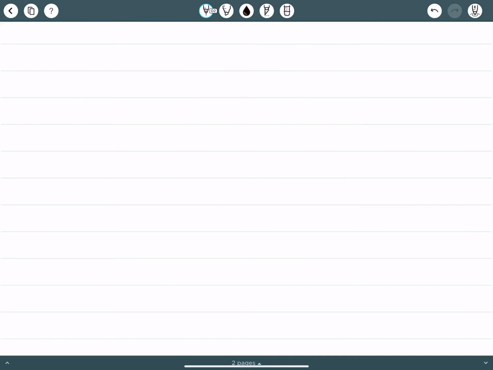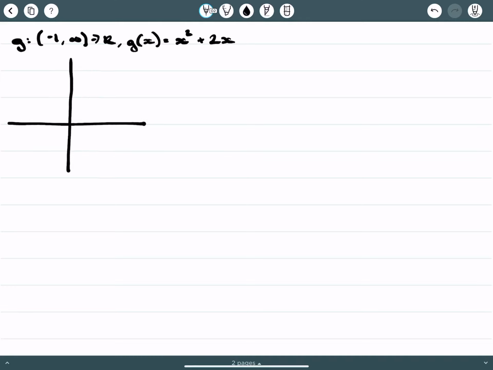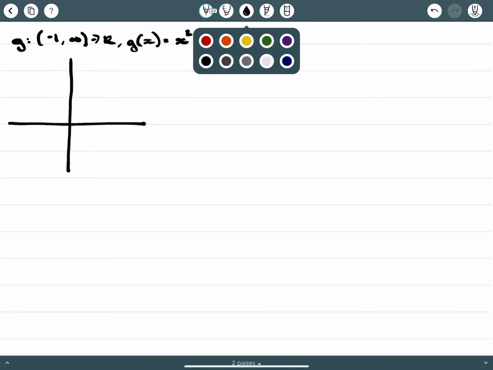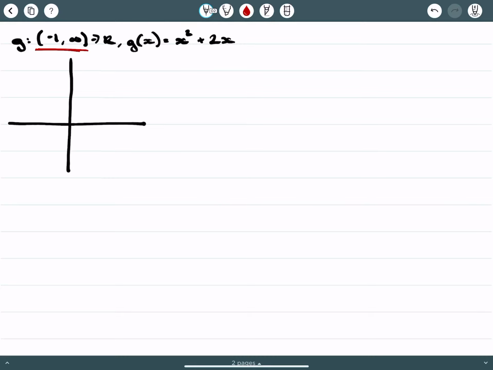So when I come to exploring g(x), remember that g was given with the domain -1 to infinity, all real numbers in between, with g(x) = x² + 2x. I'll do a rough sketch of this, and I can see that it's a parabolic curve, but this domain is really important.